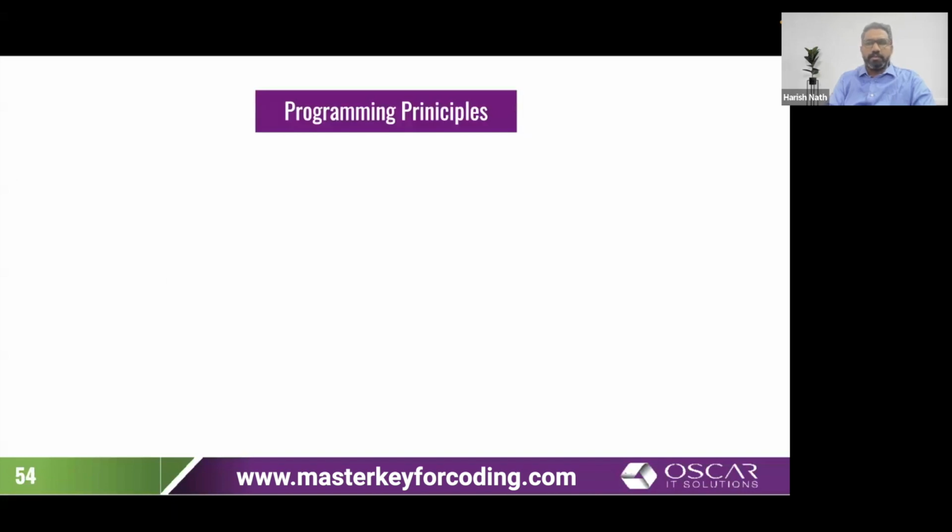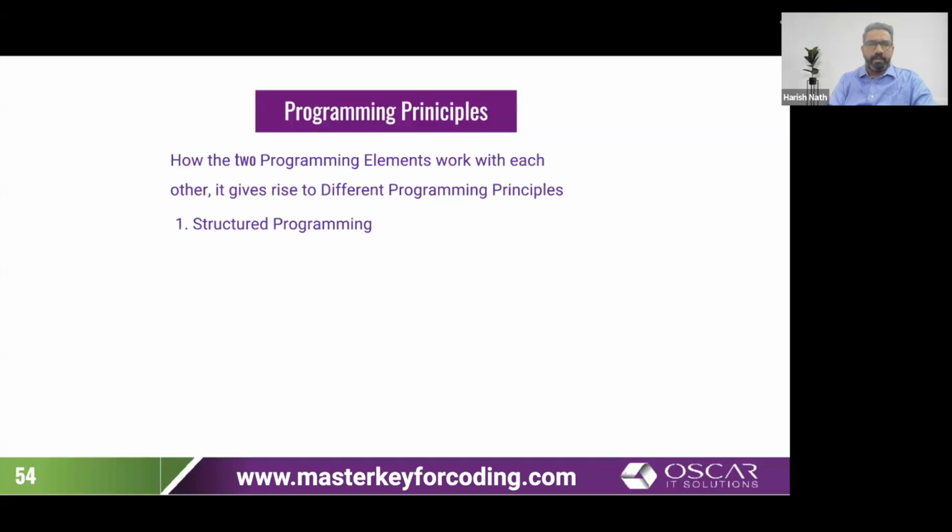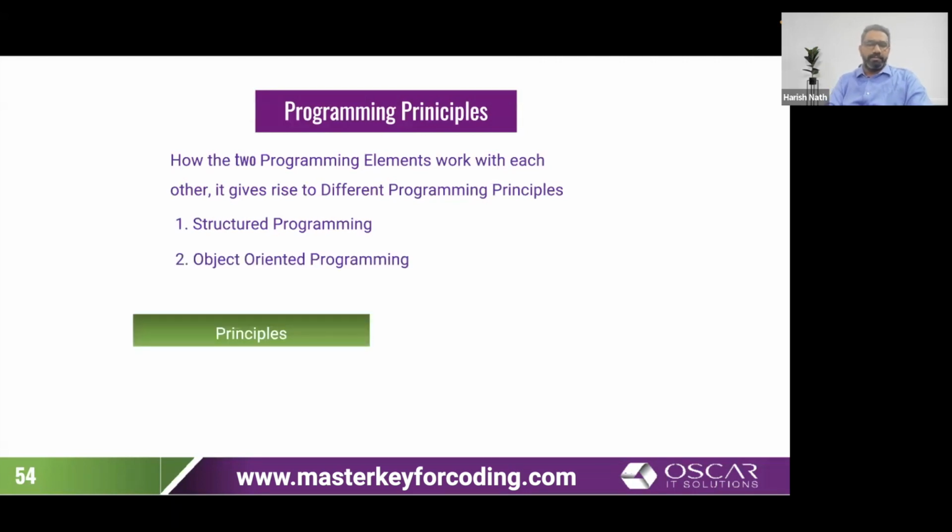Now, with these programming elements in mind, that's the data and instructions, let's start discussing programming principles. So 2 core programming principles we have: structured programming and object-oriented programming. So what are these structured and object-oriented programming principles?